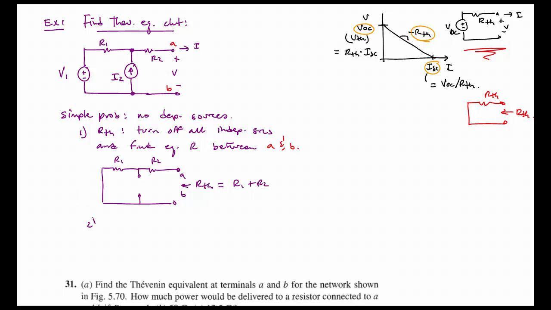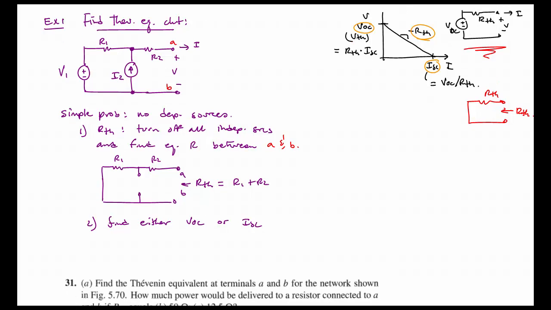Now, secondly, we need to find either open circuit voltage or short circuit current. Either one of them will do. We look at the circuit and ask, which one can we find most readily? So think about that for a moment. Make up your mind.